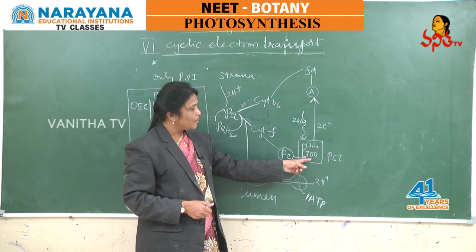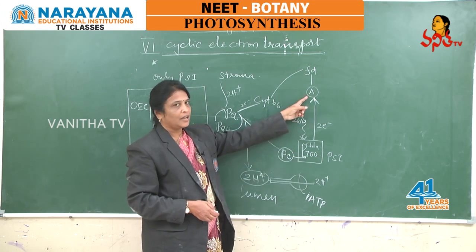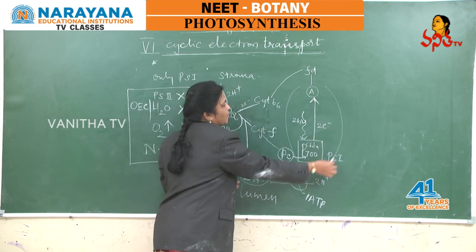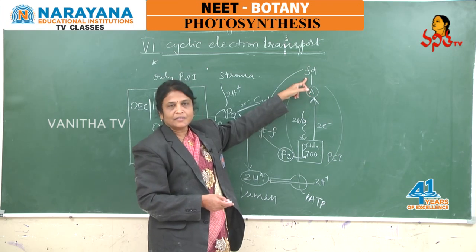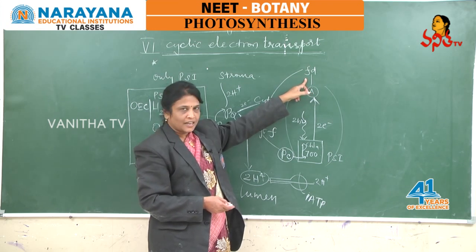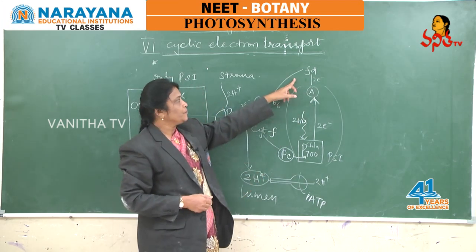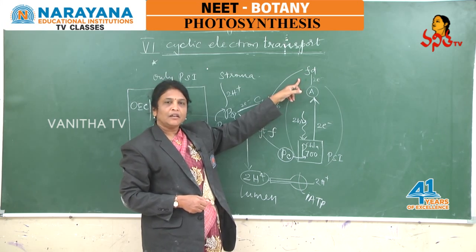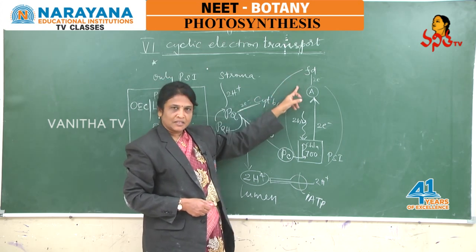Those 2 electrons liberated from the P700 molecule from the reaction center of PS1 are received by an unknown compound located in the light harvesting complex of PS1, and then ferredoxin, the iron sulfur protein and electron carrier, receives that pair of electrons, but from ferredoxin the electrons are not received by FNR, that is NADP reductase enzyme, because it is not available in this area.